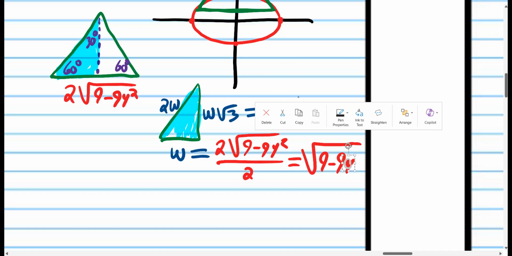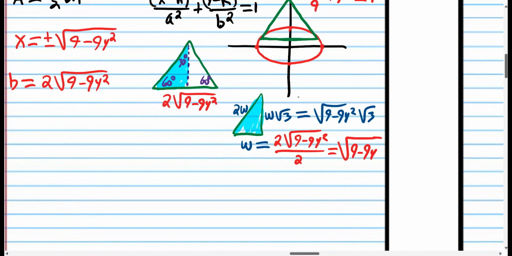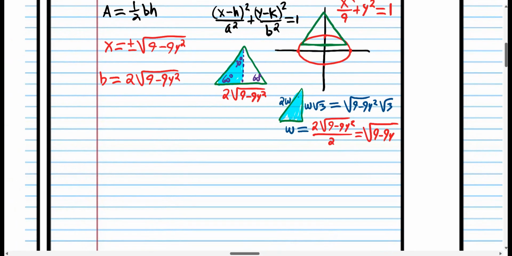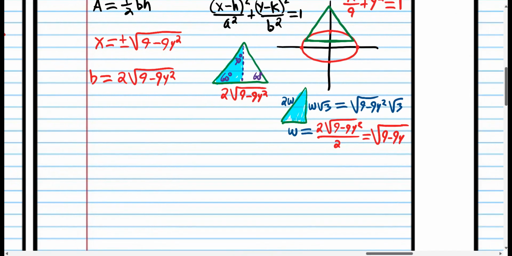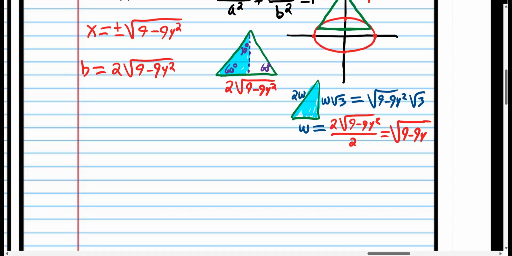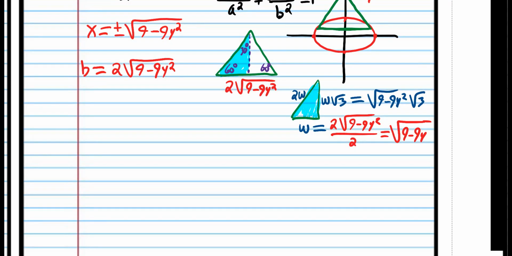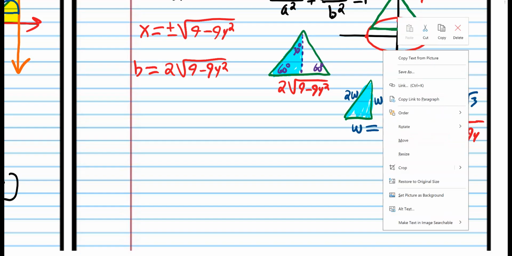So root 9 minus 9y squared times root 3. Okay. So now we have the height. And we'll make that height orange, I guess.